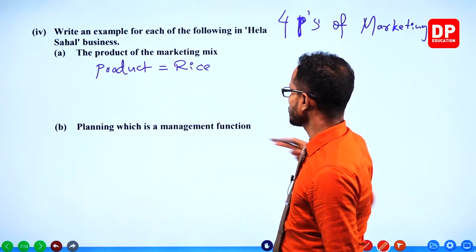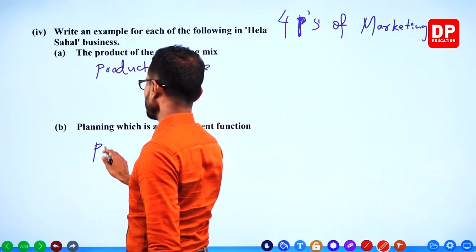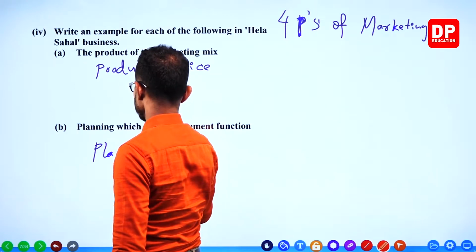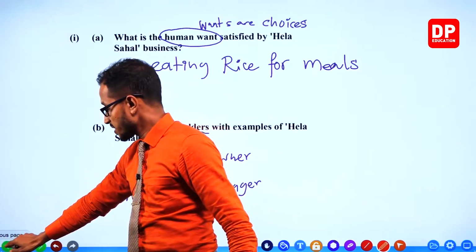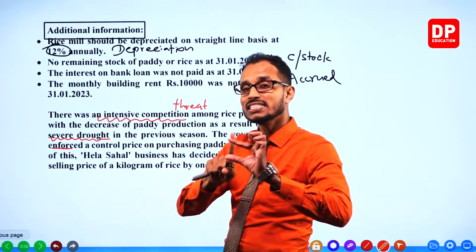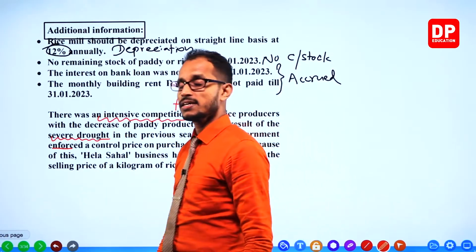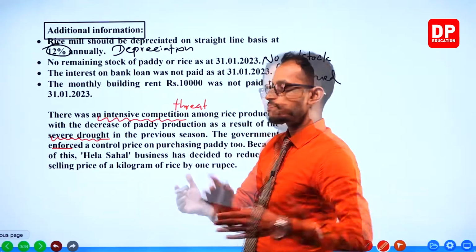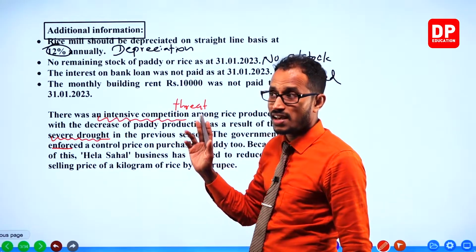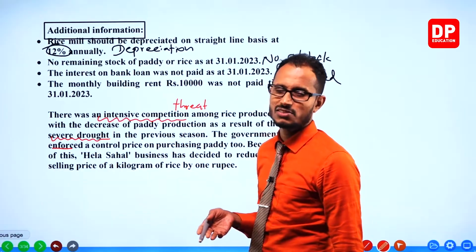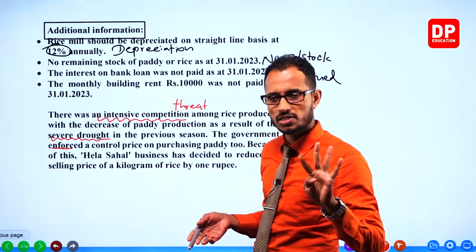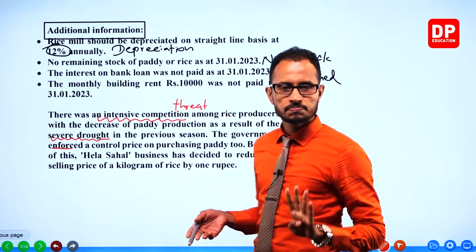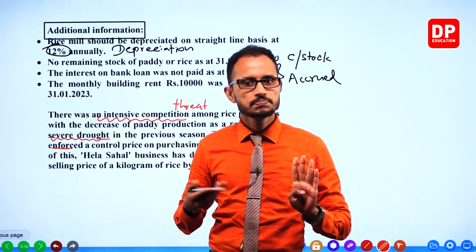Planning, which is a management function. Okay, for planning, you have to look at the case and notice the keywords. I have been mentioning these keywords always for the functions of management: planning, organizing, leading, control. 4 functions of management.